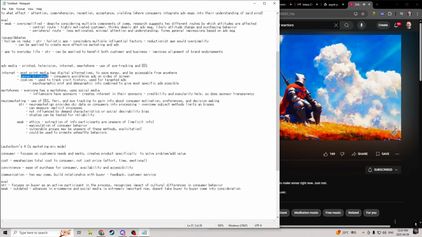Then we look at banner blindness, meaning the phenomenon where consumers avoid or miss ads on the vertical or horizontal sides of their screen. Just a random fact they added in there. And then also we have the use of cookies to track the history of sites that have been visited by a user, and those cookies are then used for targeted ads.